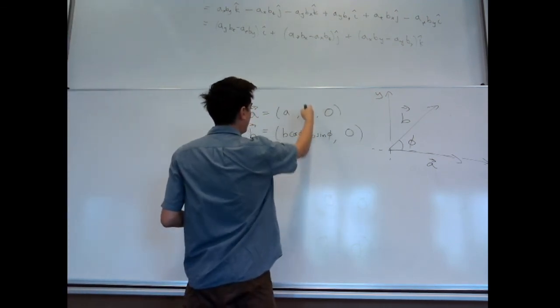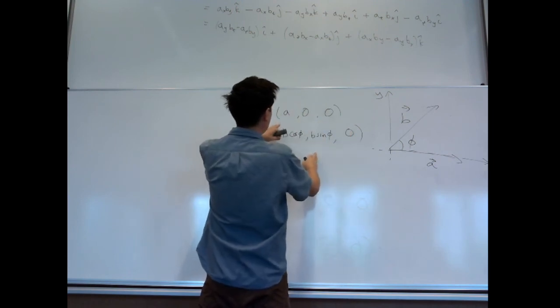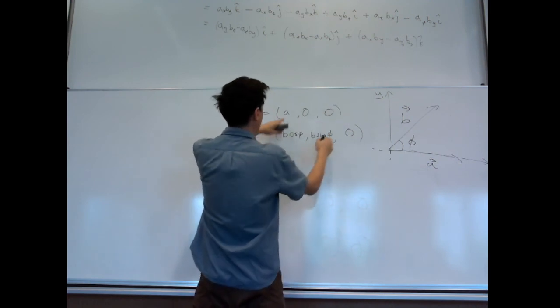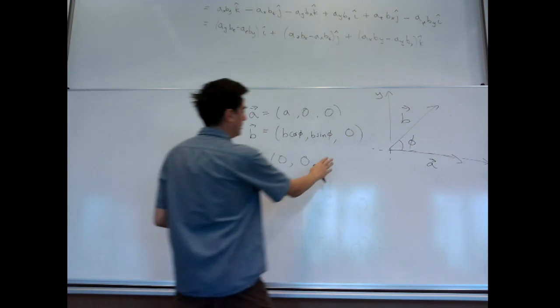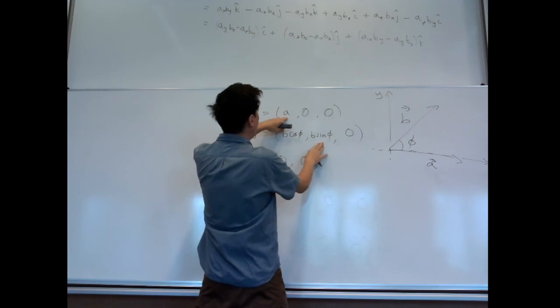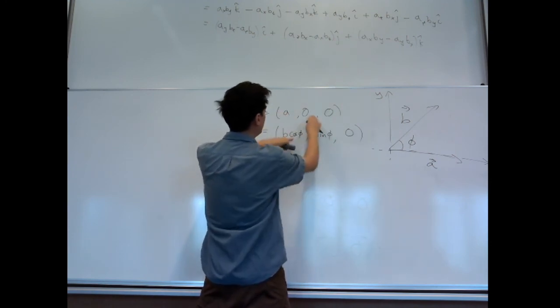For the y component, we look at the x and the z. So we do 0 times this one minus a times 0, which is 0. And then for the z component, we look at the x and y components. And so we do this one times this one minus this one times this one.